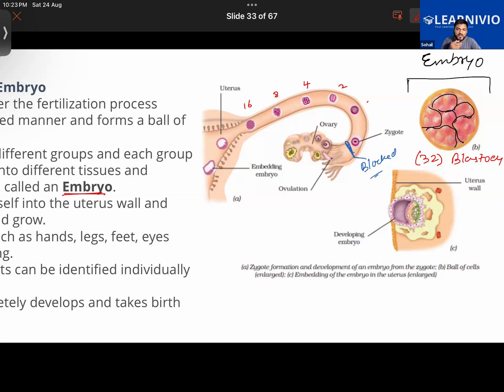So in certain women, fallopian tubes can be blocked. If they are blocked, will the egg be fertilized in any case? No, sir. Also, this problem can be genetic, or it can be caused by bacterial infections.